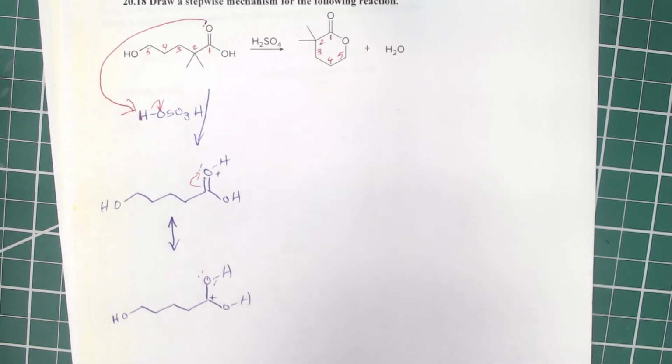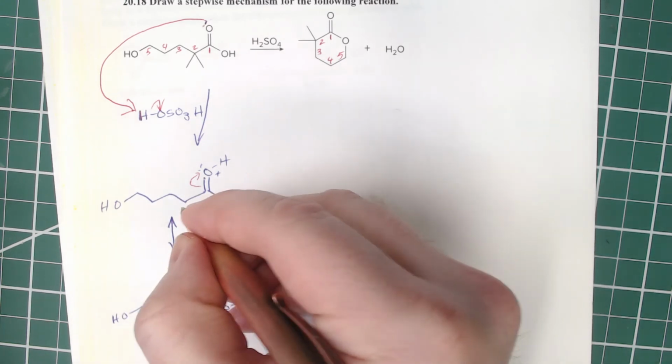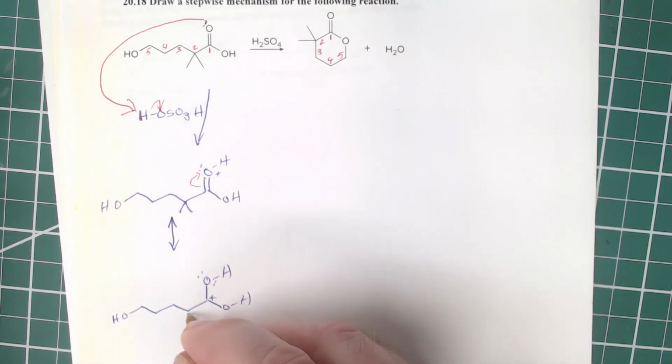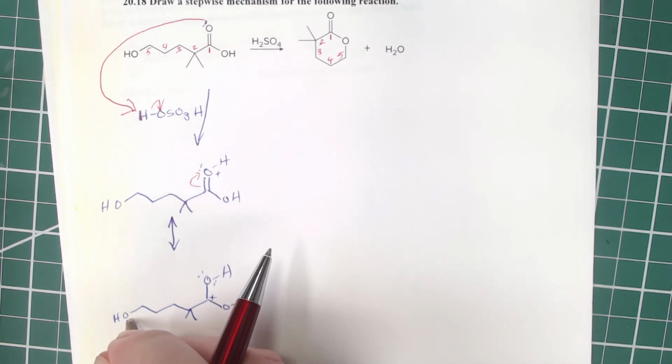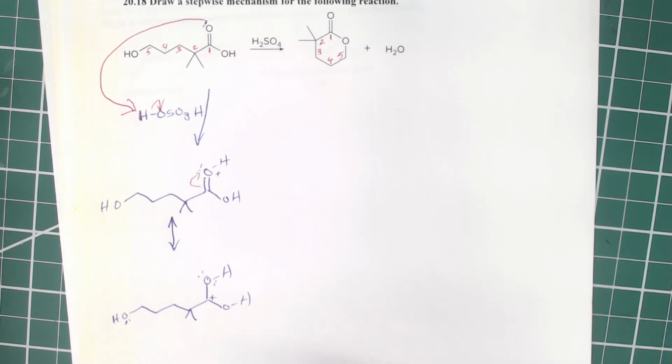All right, and oh, I forgot these things on carbon 2. All right, so now we're going to take one of the lone pairs of electrons that is on our alcohol, and we're going to attack that carbon.